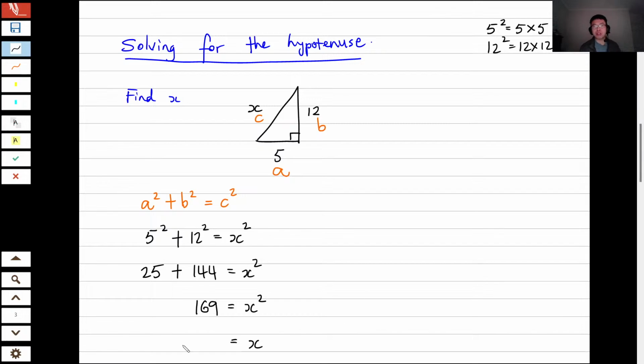If I want to reverse the square, then what I should do is do what's called the square root. So, in other words, to go from this line to this line, what I'm doing is taking the square root of both sides.